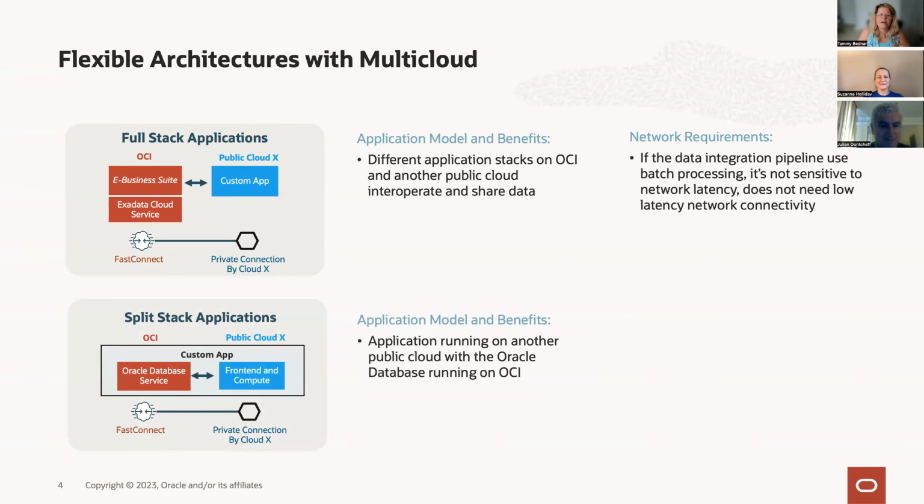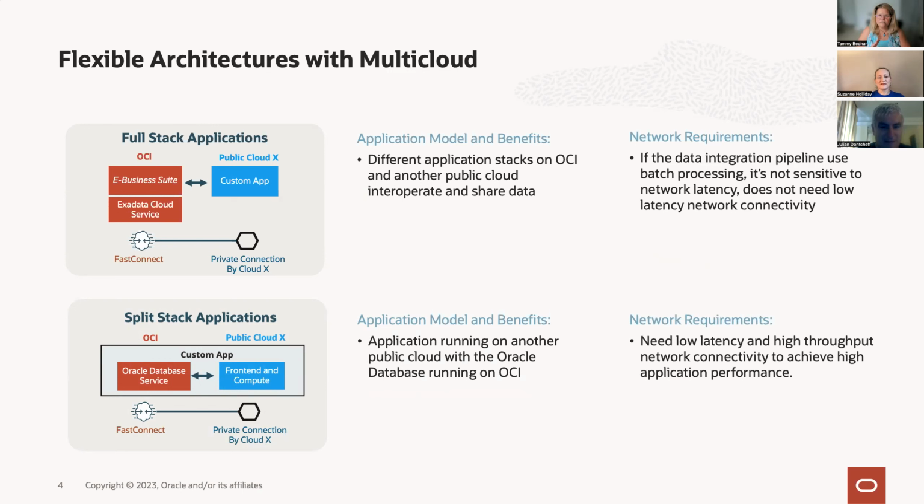The other kind of architecture we really want to focus on is what we call the split stack architecture, where an application is running on a third-party cloud or a different cloud provider, and the database is running within Oracle Cloud Infrastructure.